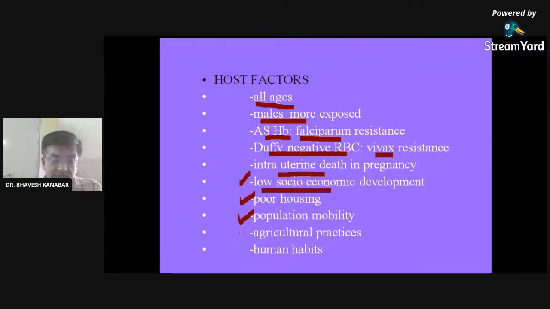Agriculture practices and human habits allow water collection, like in industrial areas or construction areas, and water collection can lead to more development of mosquitoes. In agriculture also, water collection during irrigation leads to the development of mosquitoes, and simultaneously it can lead to vector-borne diseases like malaria and dengue.